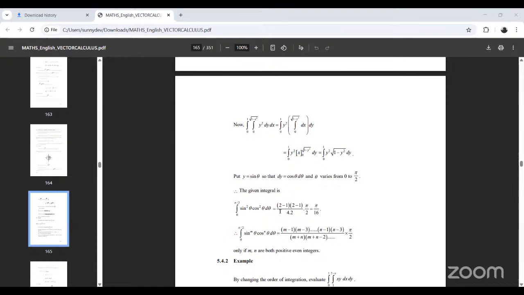Now if we substitute y equal to sine theta, y square becomes sine square theta, and under root of 1 minus sine square theta becomes cos theta. And again dy becomes cos theta d theta, that becomes cos square theta. And this is also an integration formula. So then we are using this formula.